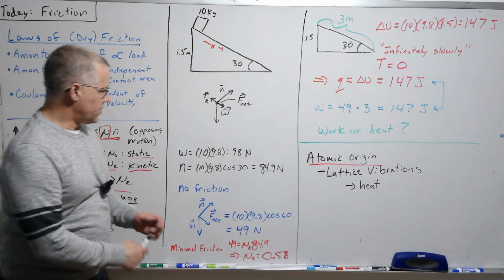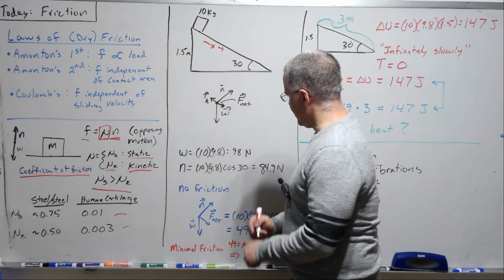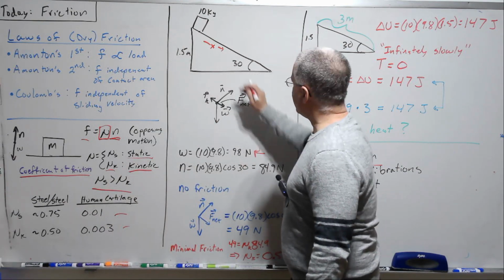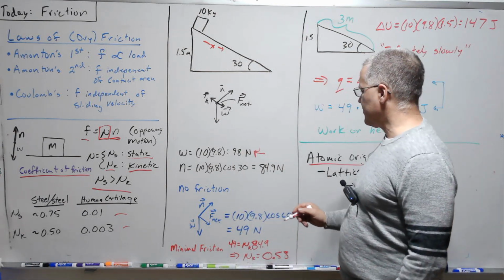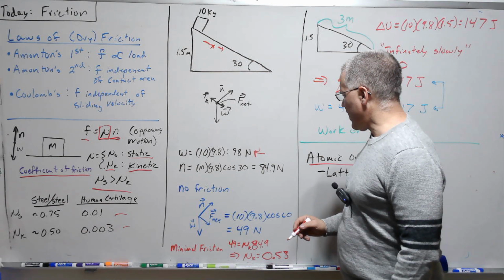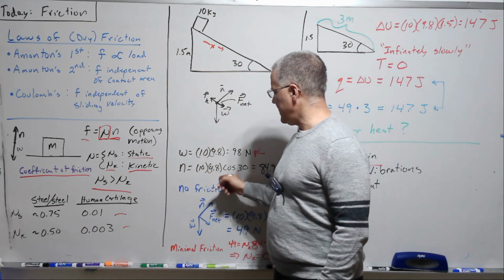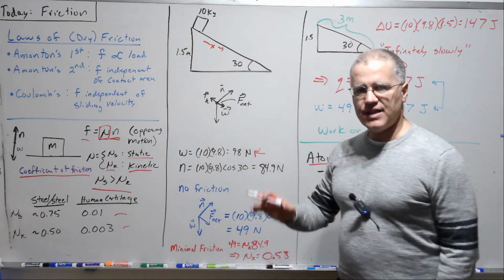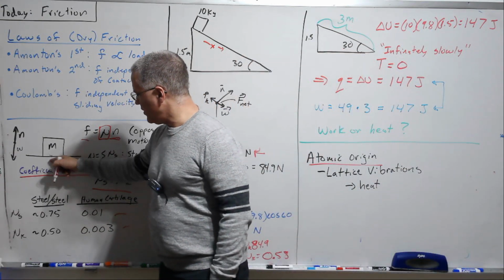Okay, well, let's work through this now carefully. So the weight, we can calculate if it's 10 kilograms, 9.8 meters per second squared for gravity, and so we'd have 98 newtons. Now the normal force is not 98 newtons because not all of the weight is pressing straight down on the surface like it would be over here.